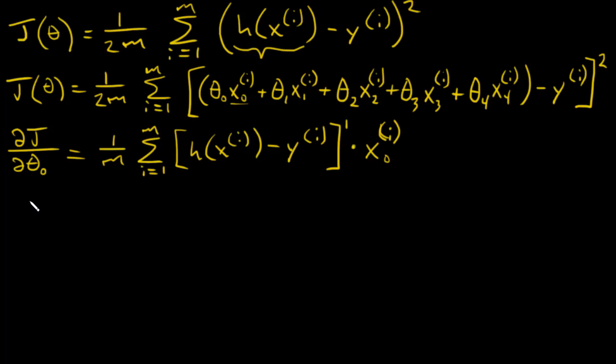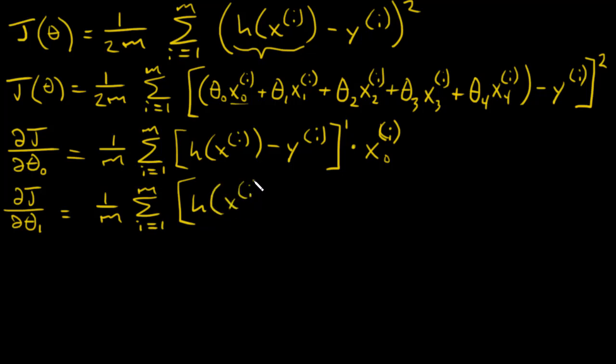Now let's move into the partial derivative of J with respect to theta 1. Well, that's again going to be 1 over m summation i from 1 to m. Nothing changes on the interior, h(x_i) minus y_i to the first power times, now what survives when I look at the partial derivative with respect to theta 1?